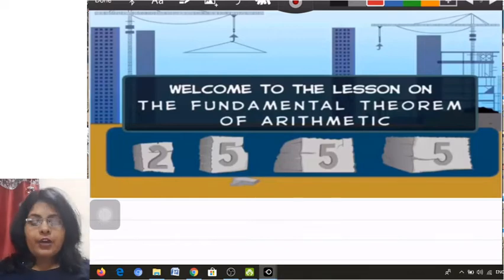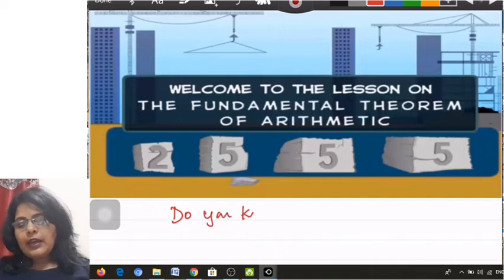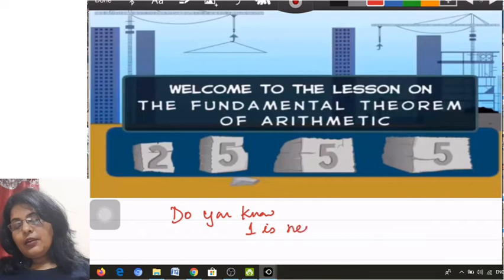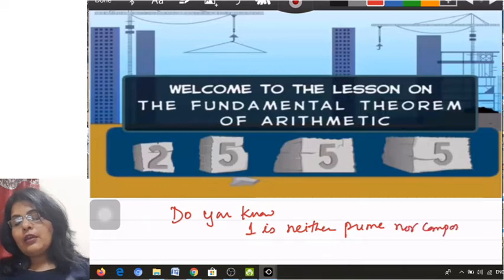Do you know that one is neither prime nor composite? This thing you should always keep in your mind. And 2 is the smallest even prime number.